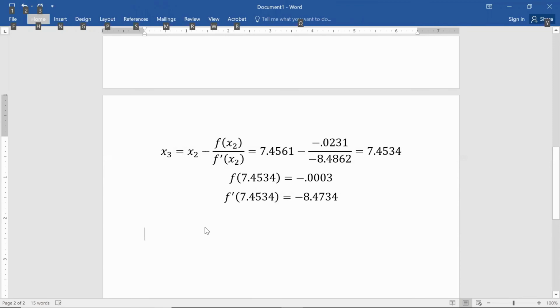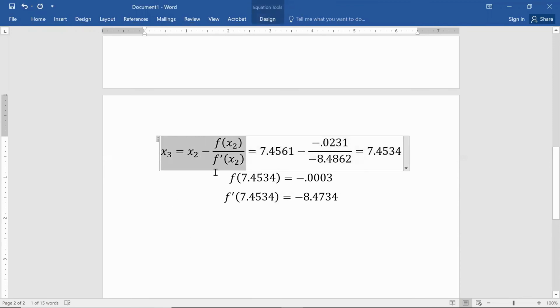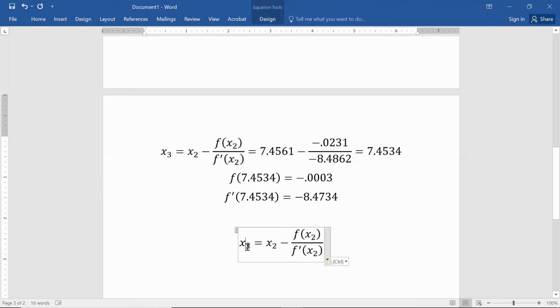By the way, if I do a fourth iteration of Newton's method, you'll see that it doesn't change very much in terms of quantity. What I mean is that between x3 and x4, not a lot changes.